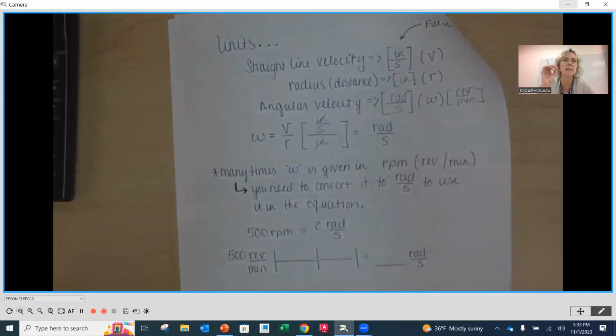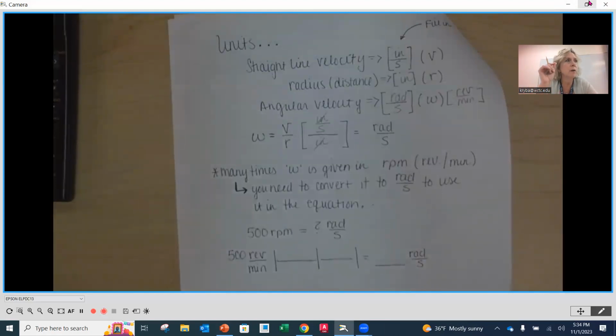But if radians ends up being multiplied by something else, it'll disappear. So for instance, if radians per second is multiplied by inches, well, now it's going to be inches per second, right? Because the radians just magically drop out. So it's just a way to remember that.